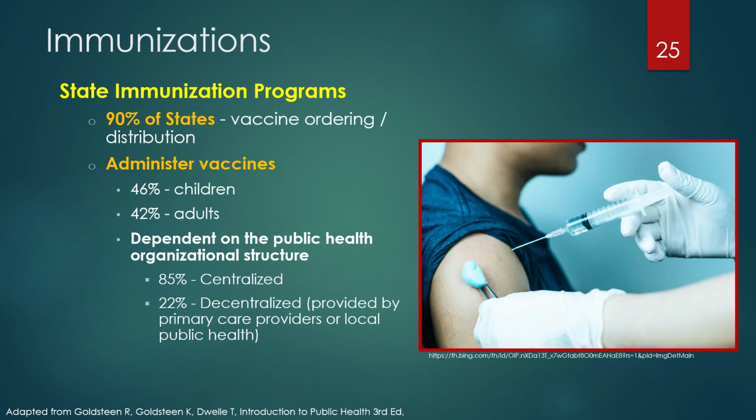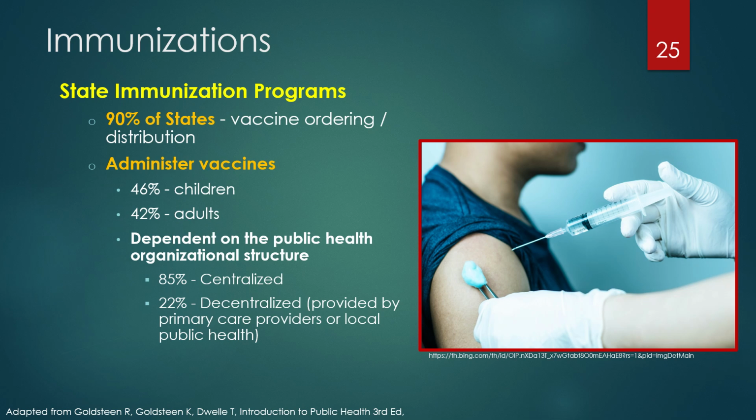Over 90% of state health departments are responsible for vaccine ordering and inventory distribution of childhood and adult vaccines. Approximately 46% of state health departments administer childhood and 42% adult immunizations.